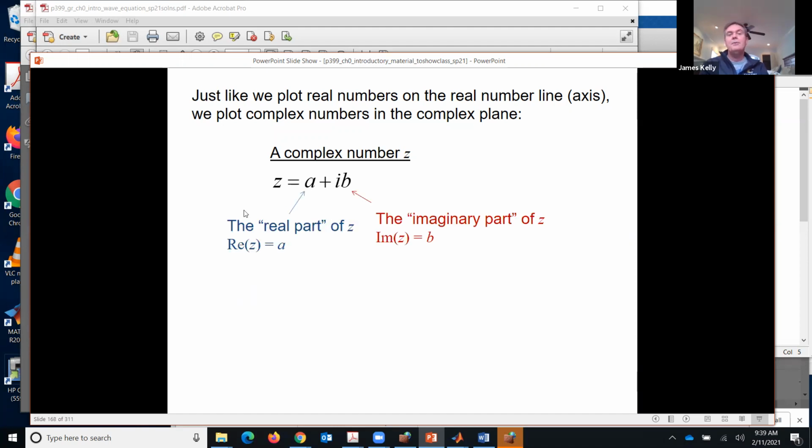A is called the real part of this complex number. B, which is another real number, is called the imaginary part. Conventionally, we plot the real part on the horizontal axis, imaginary part on the vertical axis. So if I wanted to plot A plus iB, I would plot it as a point in the complex plane.